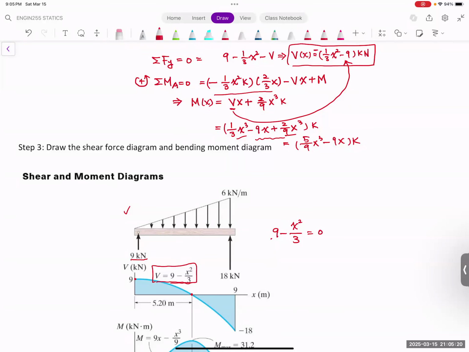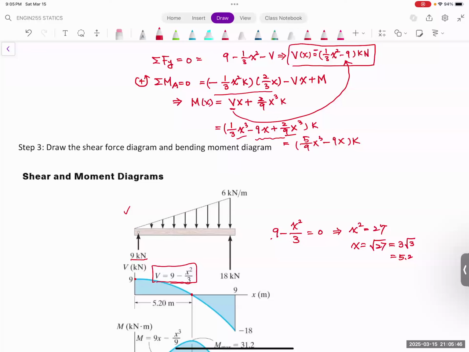I wanted to know what is x, right? So x squared is going to be equal to 27, and x is going to be square root of 27, and that's equal to 3 times square root of 3, which is equal to 5.2. That is the position you're going to have the 0.